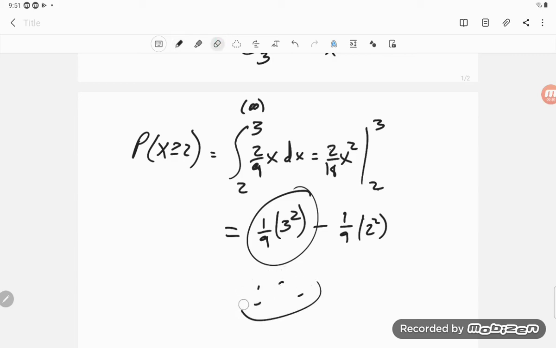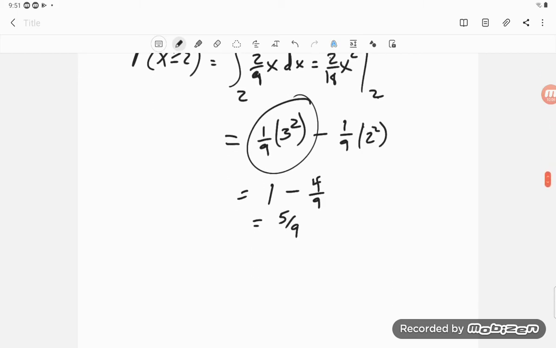Okay, so erase all that. And I do indeed get my 1 minus 4/9, which is 5/9. Okay, so I got that.